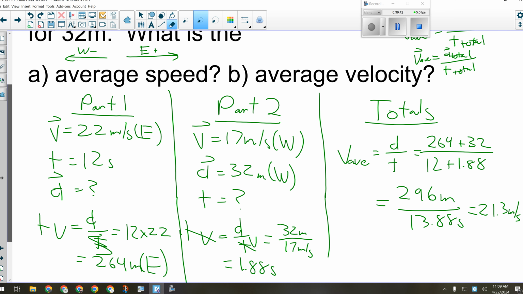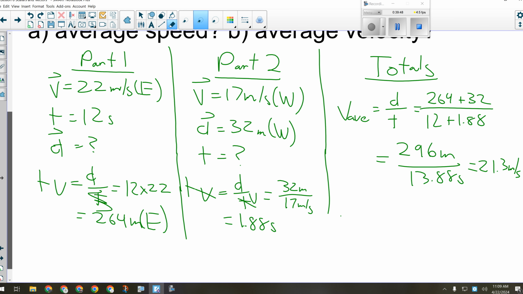Now I want to calculate the average velocity. I do one thing different. Average velocity is total displacement divided by total time. 264. What's different? Right, I've got to make the 32 negative now.